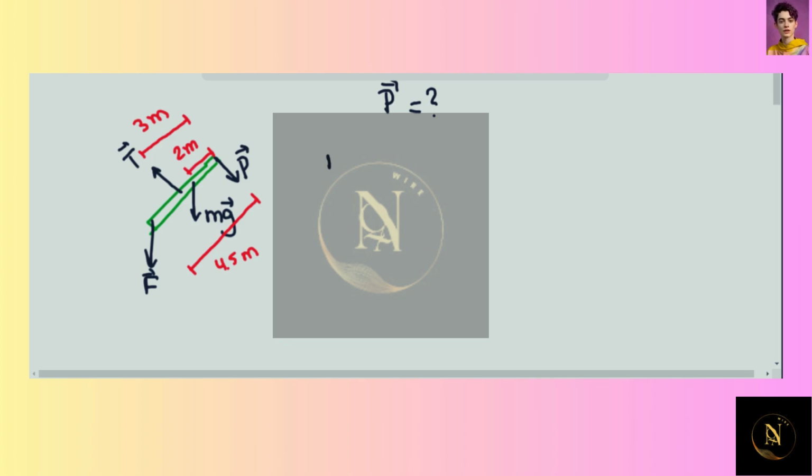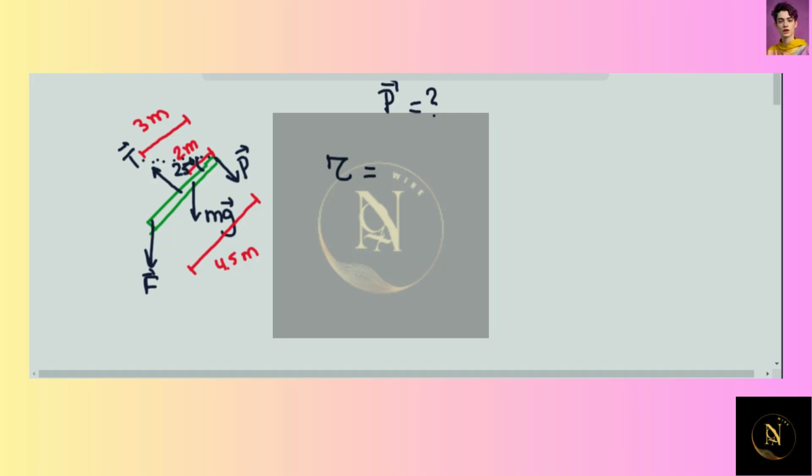And now I can write the total torque. First notice that the torque will always lie in the z direction here, in the z axis. By the right hand rule, notice that this angle here is 25 degrees.